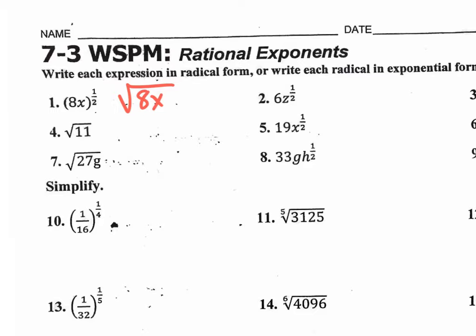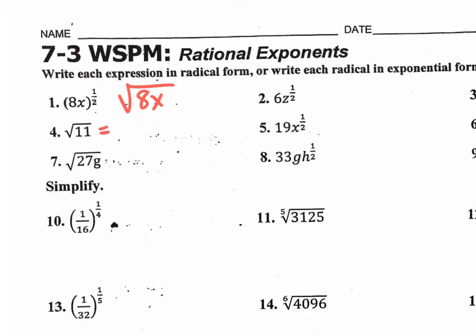If it said simplify, then I would rewrite 8 as 4 times 2, split the root, do the square root of 4. See what I mean? But they're not asking us to simplify. They're just asking us to rewrite it from exponential to radical, or from radical to exponential. So on number 4, it's a radical. I want to rewrite that as an exponential.